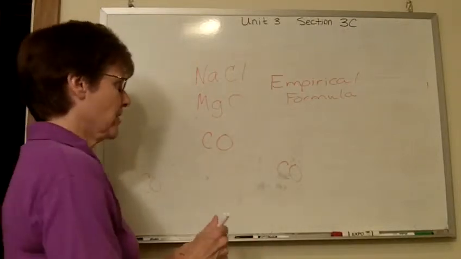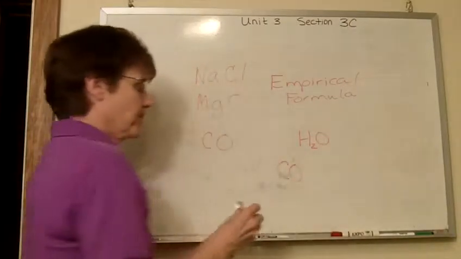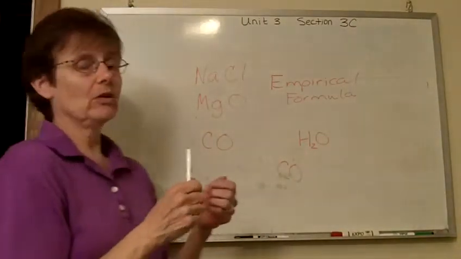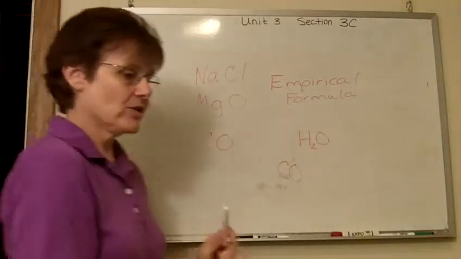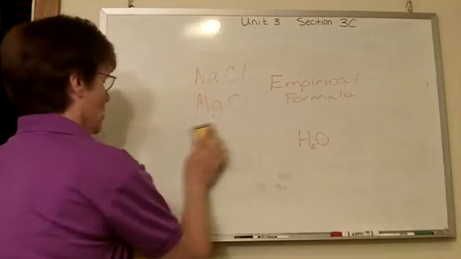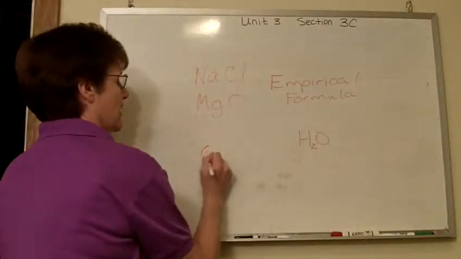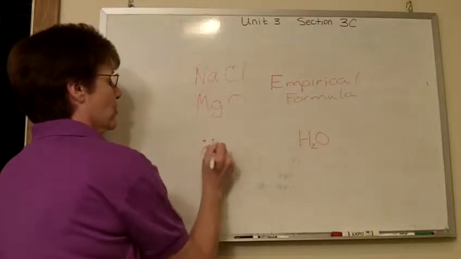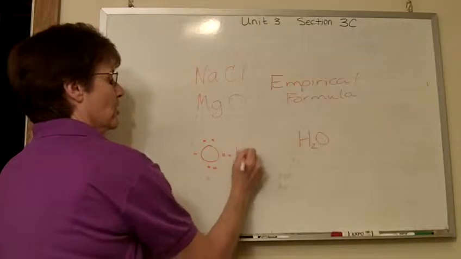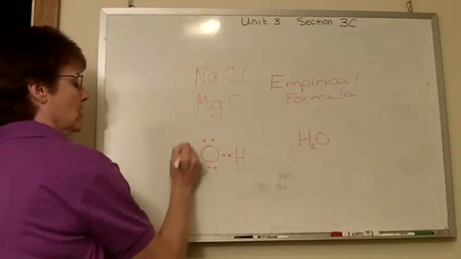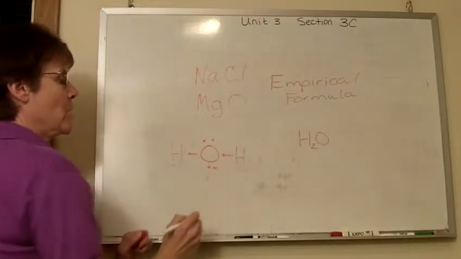And we can do the same thing with something like water. So H2O, even though that's a liquid and those molecules will be close together, let me show you what you learned to do already. You learned to do this. Oxygen, 1, 2, 3, 4, 5, 6. Hydrogen, and those become bonds where electrons are being shared.